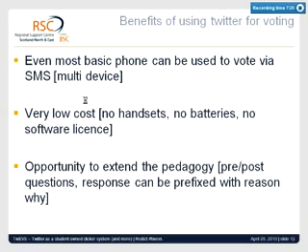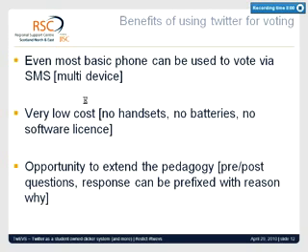You've heard the issue of paying for handsets, replacing batteries, and having the license for the software. Using Twitter, you're relying on the devices that they already carry with them in their pockets, or it could be a netbook, a laptop, so many other different devices. Even my TV can pull in a Twitter feed, but I won't be carrying that into lectures.